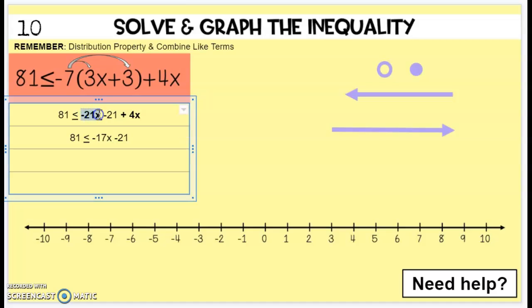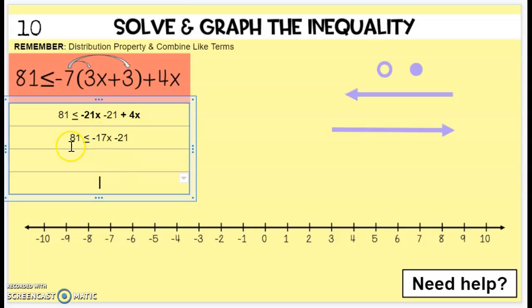But we need to look up here. After we combine all of our like terms, our variable is being multiplied by a negative coefficient, a negative number. That means at the very end, when we're figuring out what the inequality is with our x, we need to flip that sign.